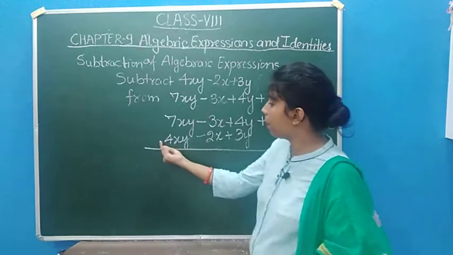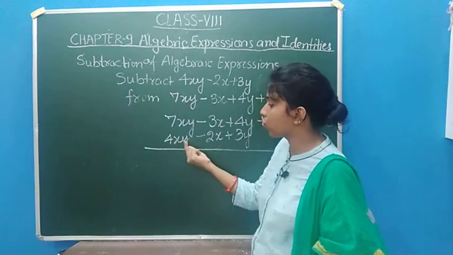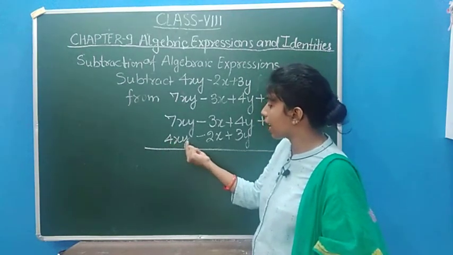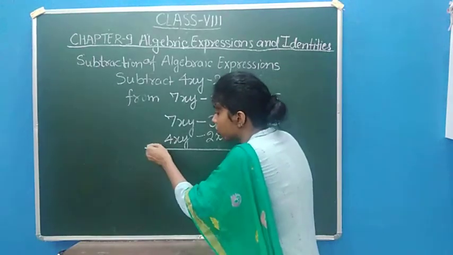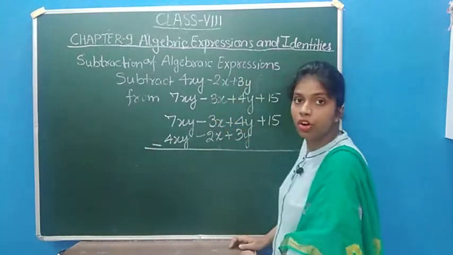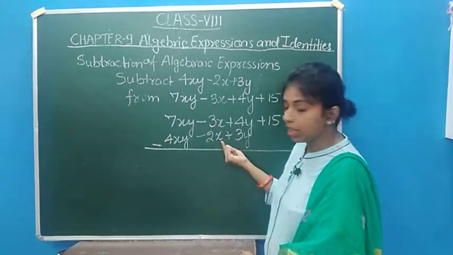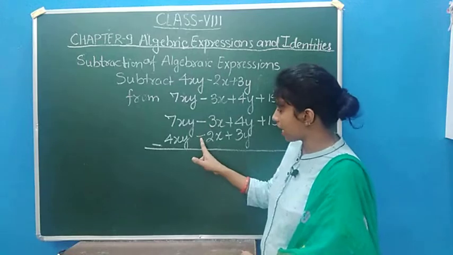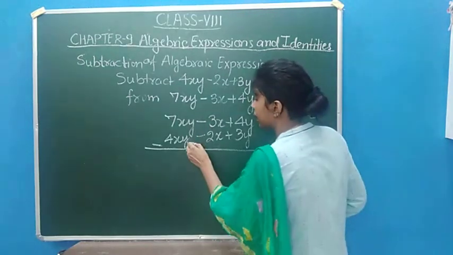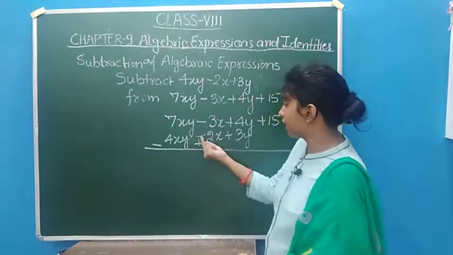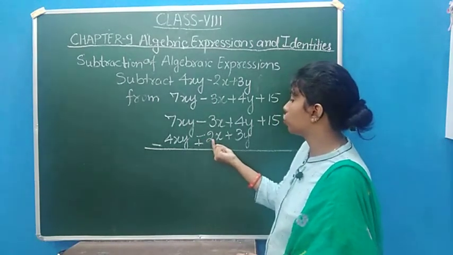Here we have plus 4xy. So obviously plus 4xy becomes minus, so here I am writing minus. Then minus 2x. The sign is going to be changed. This minus becomes what? Plus. So I am writing plus here, so minus 2x becomes plus 2x.